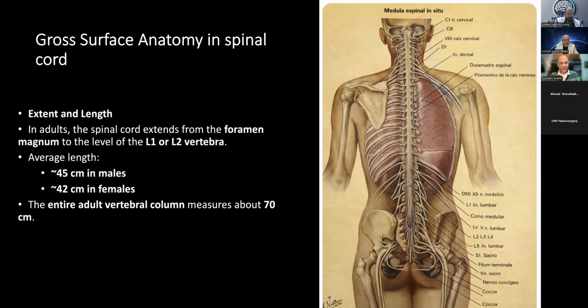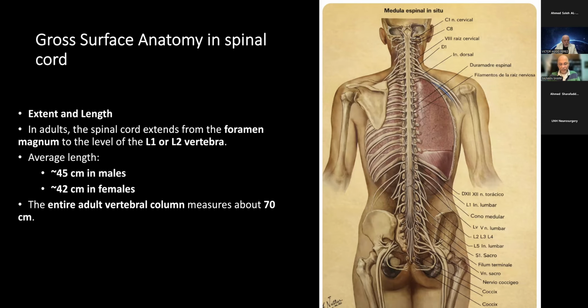The extent and length of the spinal cord in adults is going from the foramen magnum to the level of the L1 and L2 vertebra. The average length is about 45 centimeters in males and 42 centimeters in females.